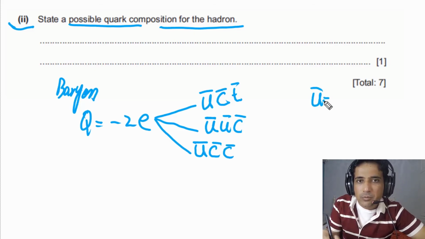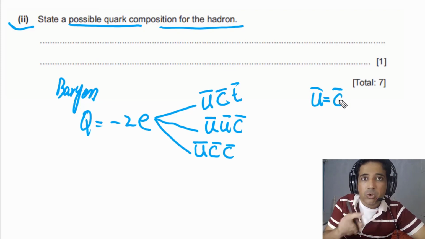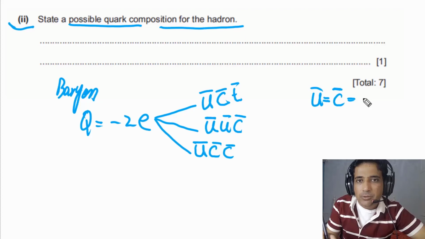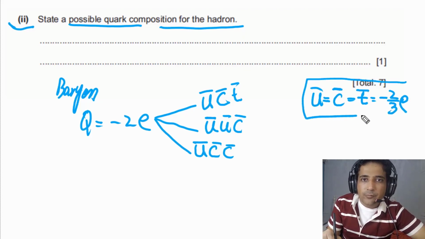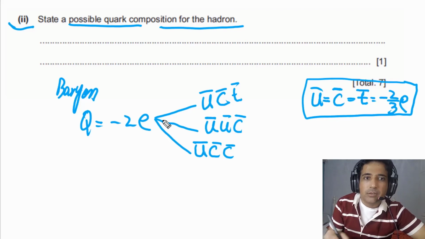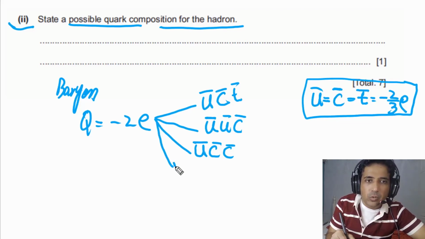The charge on one up antiquark is equal to the charge on one charm antiquark, and this is also the same as the charge on one top antiquark, and that charge is equal to -2/3e. So all of them have the same charge. So these are some possible quark compositions.